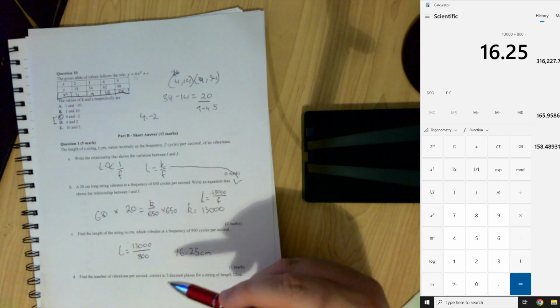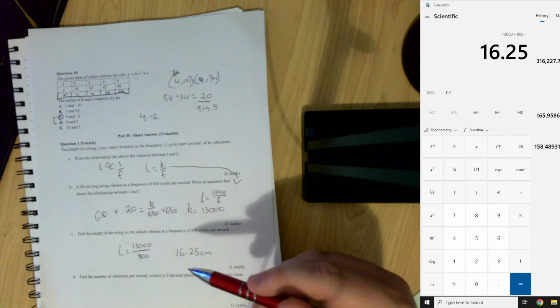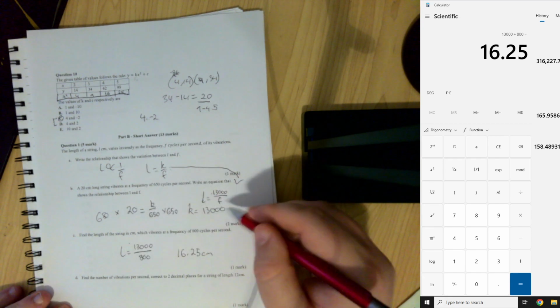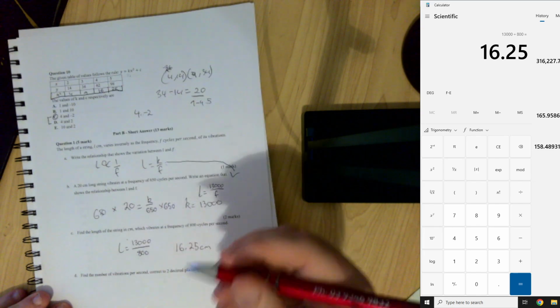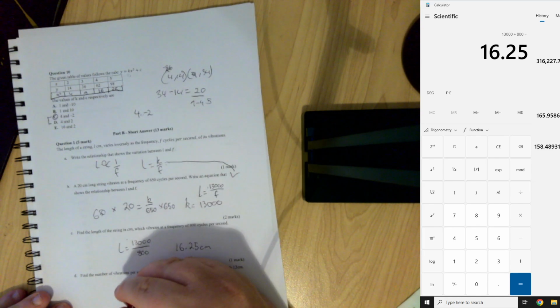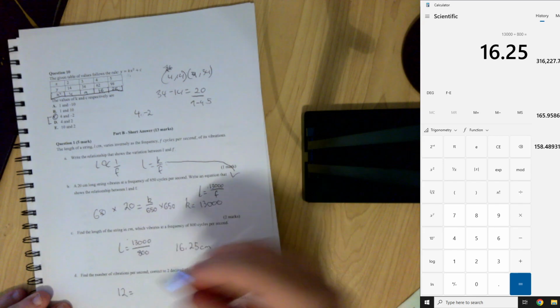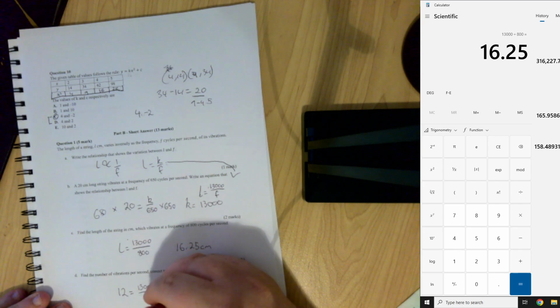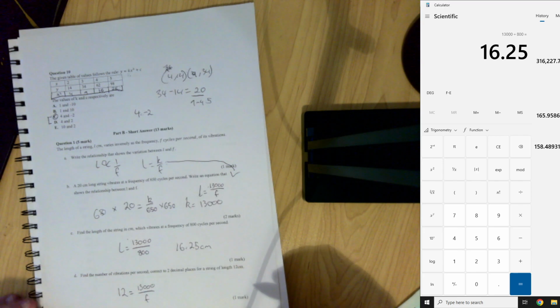Find the number of vibrations per second. Correct the decimal place of a string that is 12 centimeters. So this is use the same rule, but have the L and find the F. So 12 is equal to 13,000 over F this time.